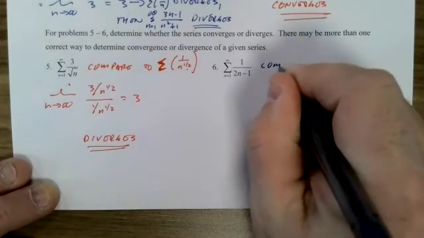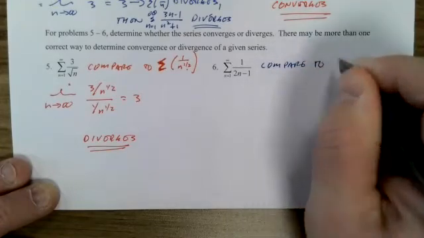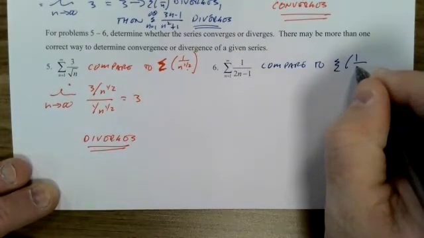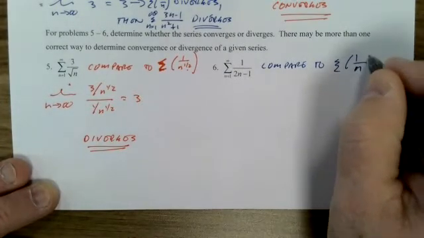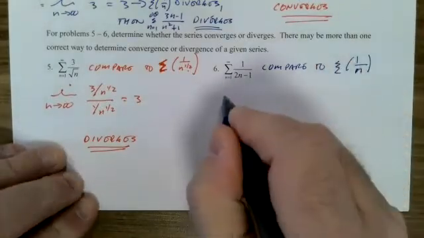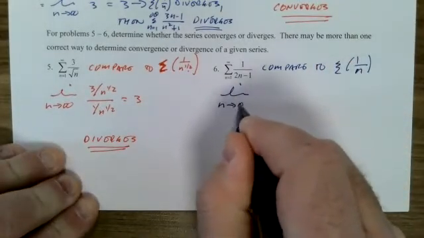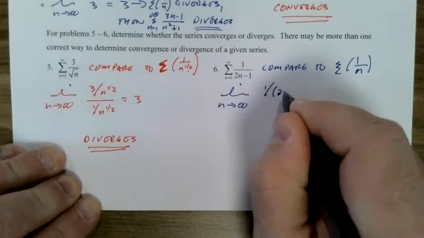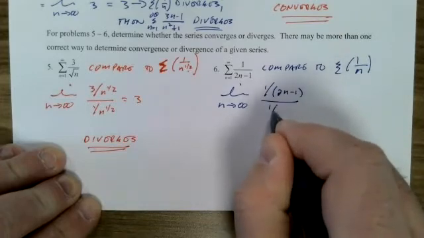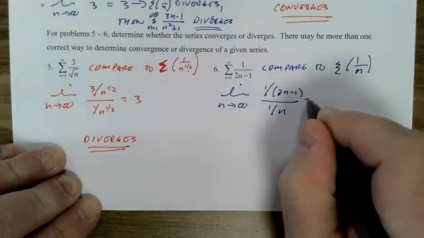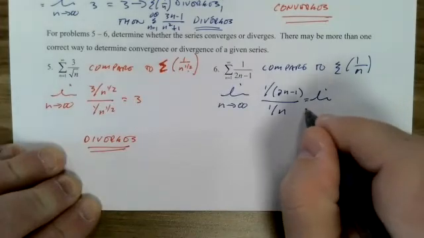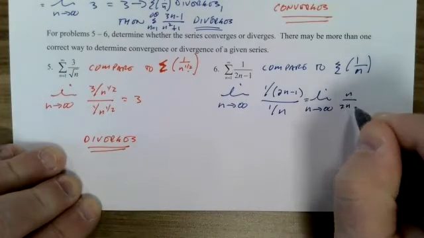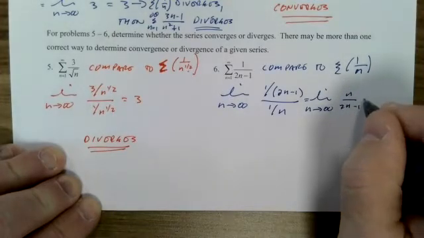So this one we will compare to 1 over n, which we know diverges. Limit as n goes to infinity, 1 over 2n minus 1 over 1 over n, which is n over 2n minus 1.